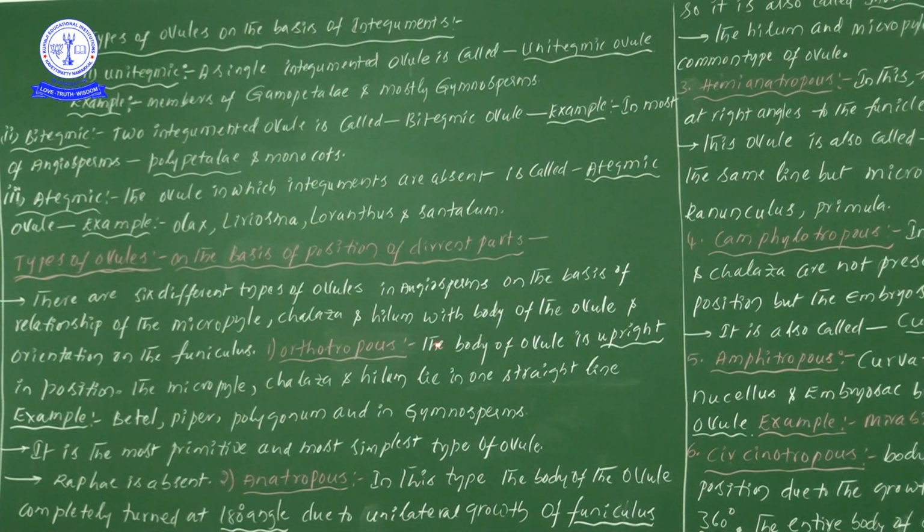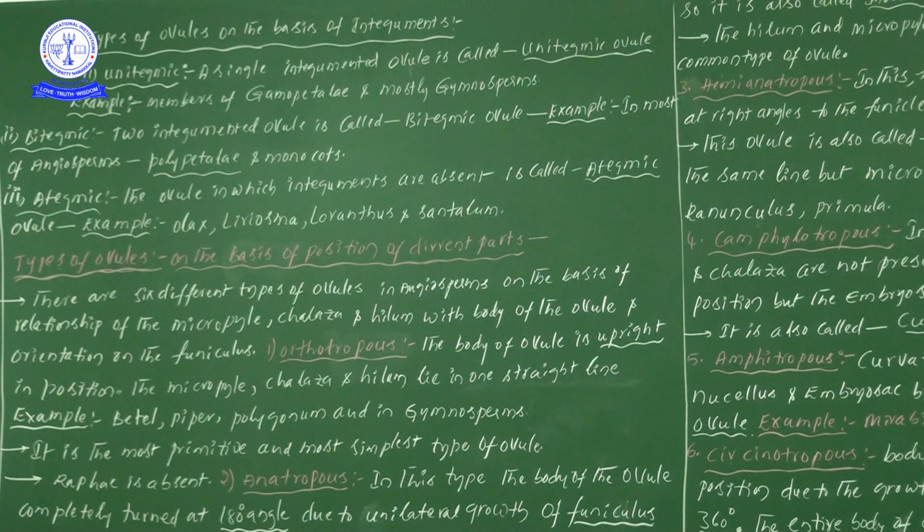Okay. Now in Orthotropus, the body of the ovule is in an upright position, and the micropylar region, chalazal region, and hilum lie in one straight line.